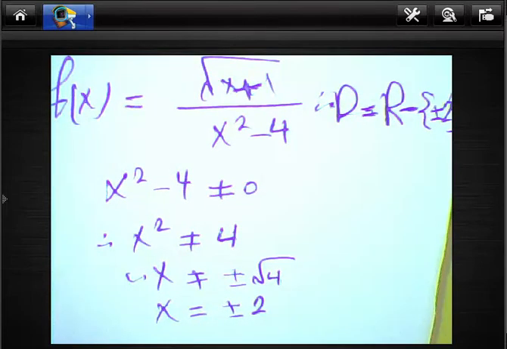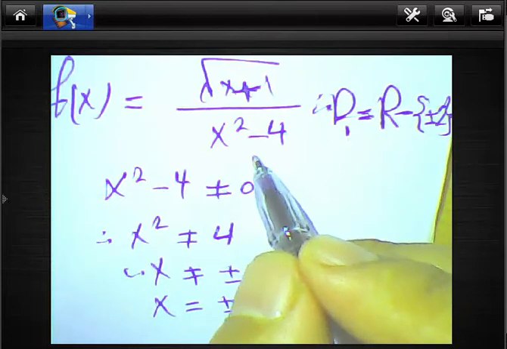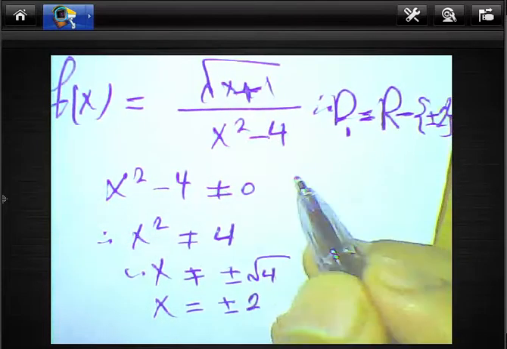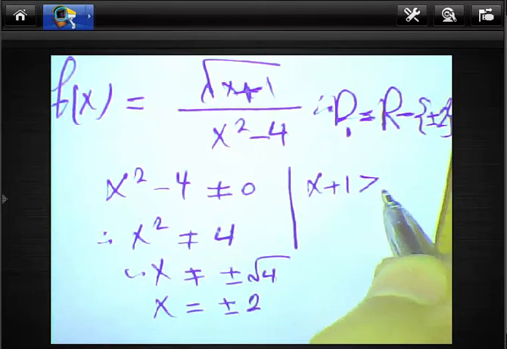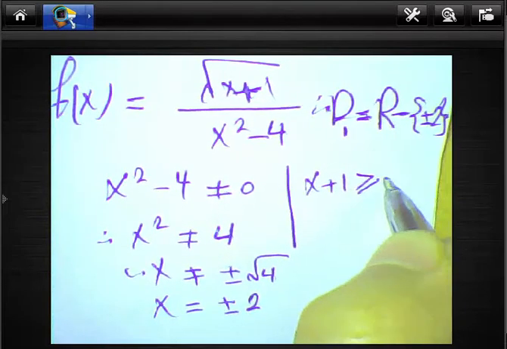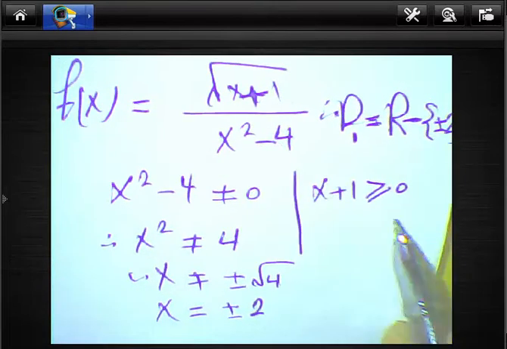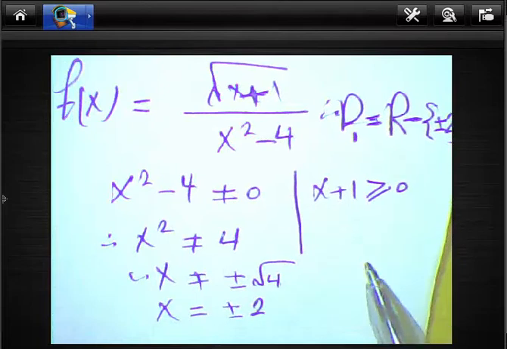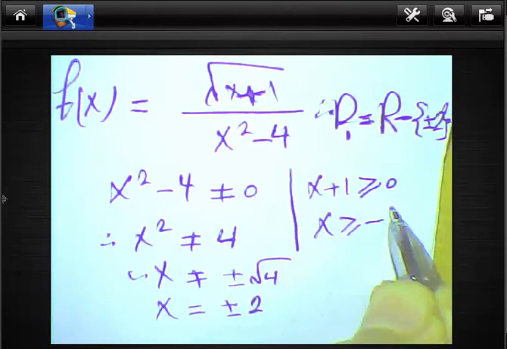That is the domain from the denominator. And what about the numerator here? We must write x plus 1 under this root more than or equal to 0. So x will be more than or equal to -1.